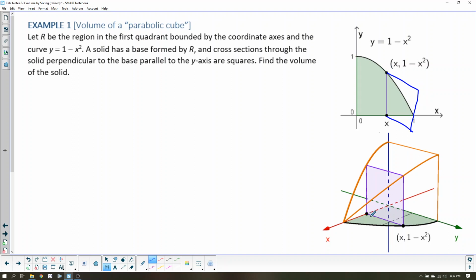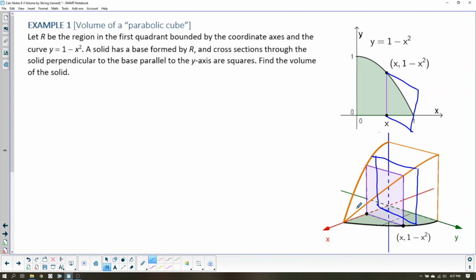So this is it coming out into that third dimension. And so we're going to have those cross sections all the way across. So no matter where I slice, as long as I slice it parallel to the y or perpendicular to the x, and then draw this up, it is going to create a square cross section. So that's the setup. We're supposed to find the volume of the solid created there.